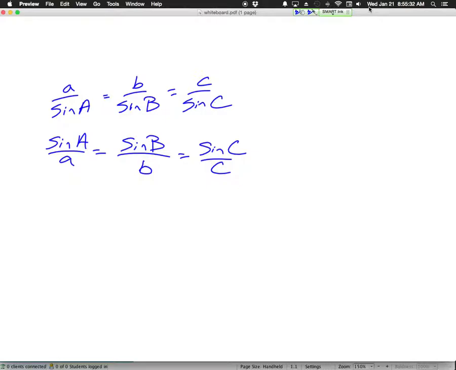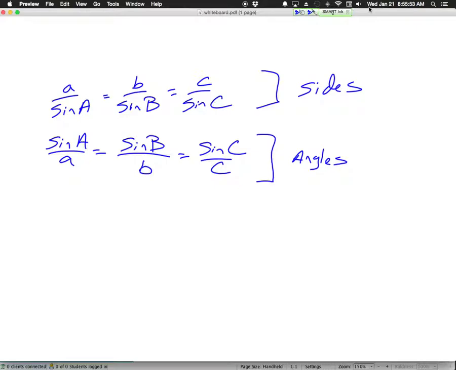Now, we use the top form whenever we are solving for sides, and we use the bottom one whenever we're solving for angles. So whenever we're looking for a side, we want to use it when it's in the top form.